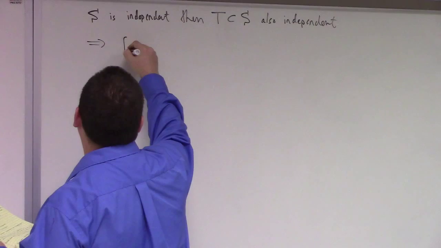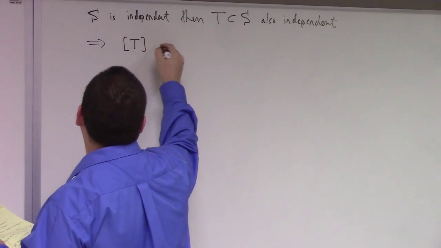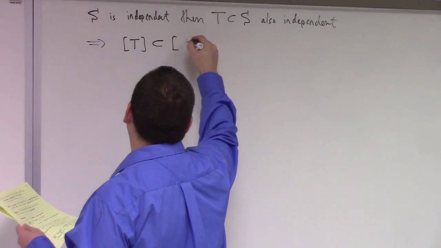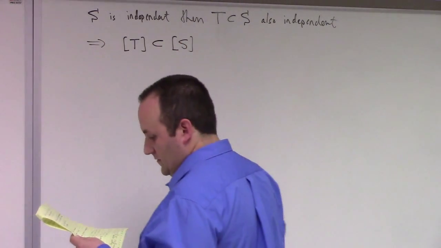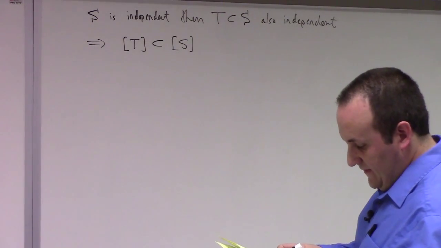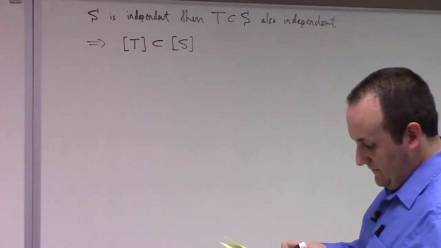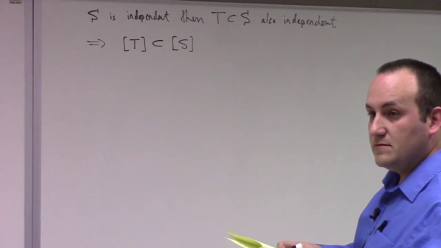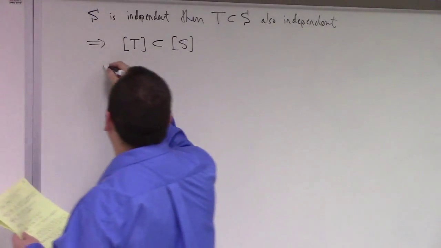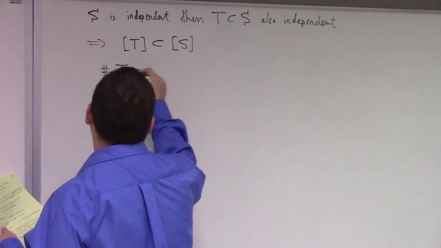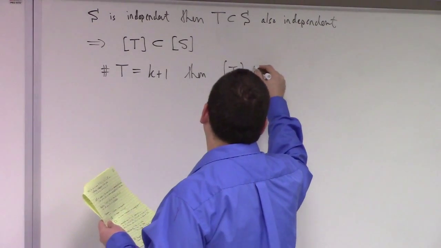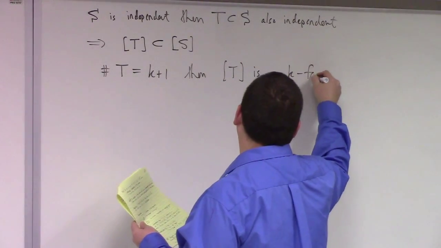If you look at the convex hull of T, it's going to be some subset of the convex hull of S, of course. And so the convex hull of a subset is going to determine a face of the simplex. In particular, if the number of things in T is equal to k plus 1, then the simplex determined by T is a k-face.